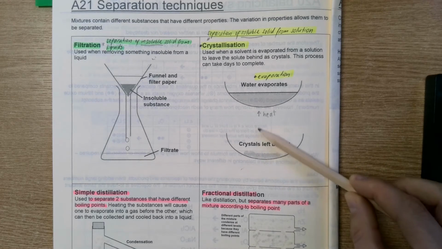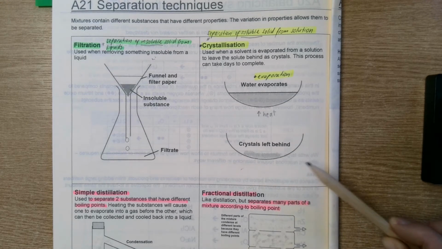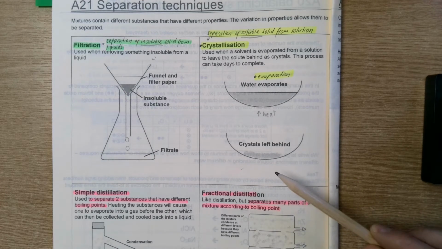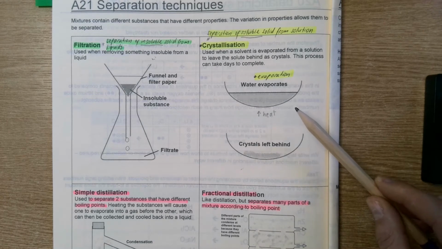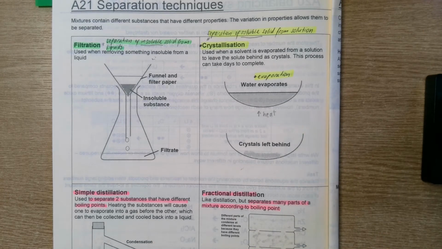So the solvent would slowly evaporate over a long time. What would be left behind are nice, big, well-defined crystals. And this is the process of crystallization: you stop evaporating when you spot the first crystals, and then you leave the solvent to evaporate over a long period of time.